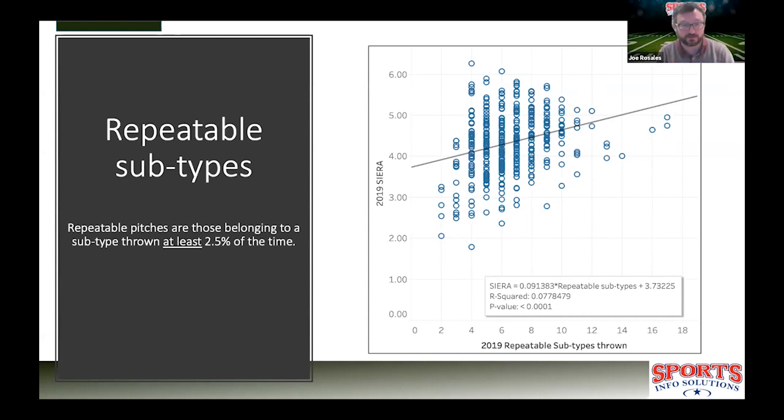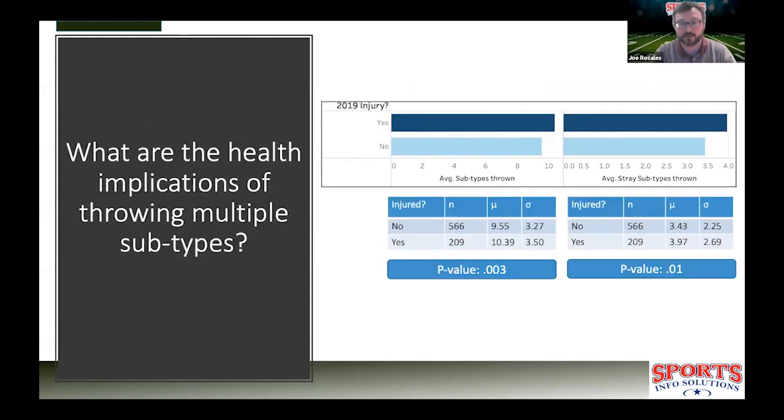One thing that we then wanted to take a look at is how things correlate with injury and subtypes thrown. You can see these two histograms and injury data. Two of my colleagues, Matt and John, on Thursday gave a presentation on the injury risk models that we've been working on recently. The subtype data is not currently incorporated into that, but it's something we may want to start looking into.